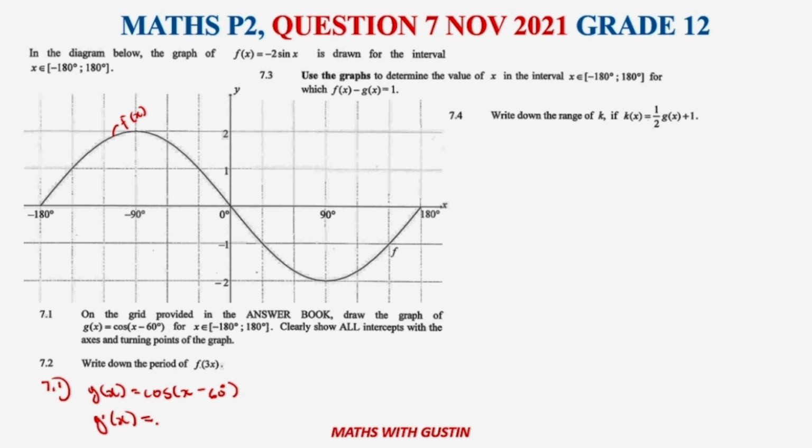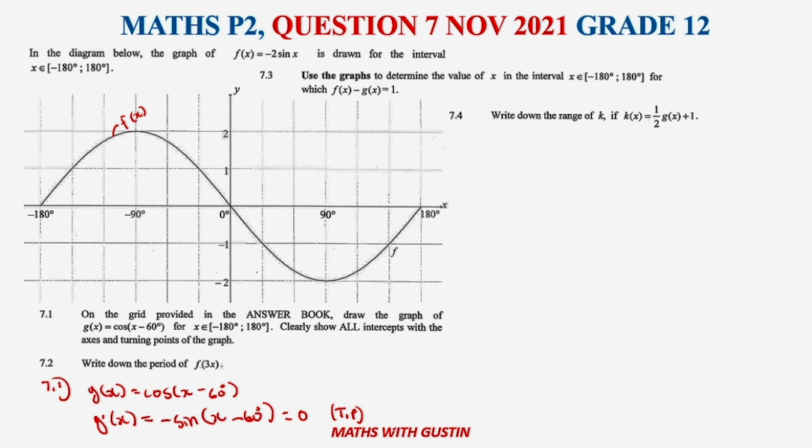The derivative of this is going to give us negative sin(x - 60). This is what happens when you take the derivative. Of course, it gives you a negative sign, right? So now remember, you get the turning point when it's equal to 0.